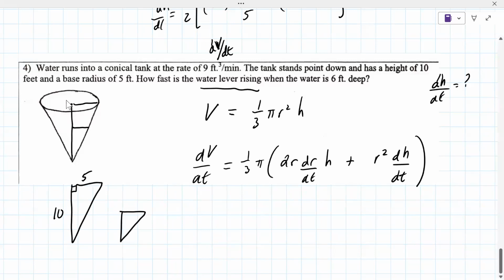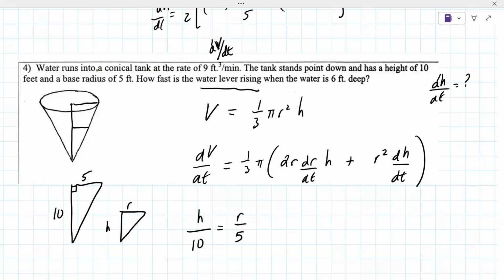So that's the height of the cone and the radius. Is that okay? Yes. And it's really H and R in our problem. So you set up a proportion where you'd say something like H over 10 equals R over 5, or it could be the other way around.